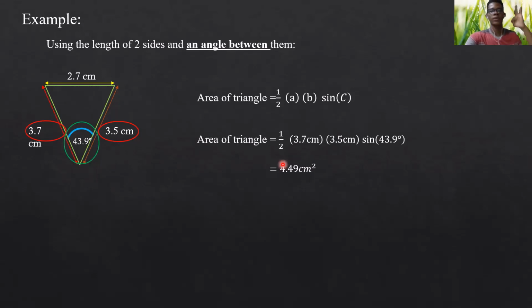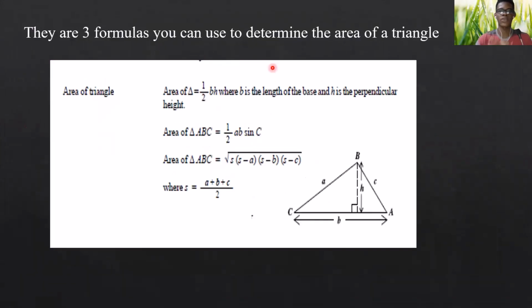Those are the three formulas for calculating the area of a triangle, right? I went through two of them with you because I know most of us are familiar with half base times height. So remember when to use them and how to use them.